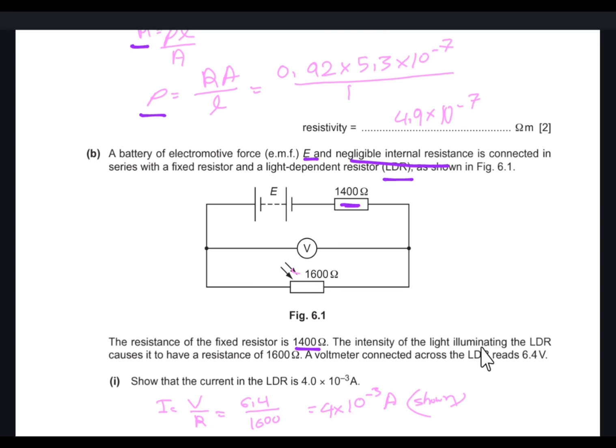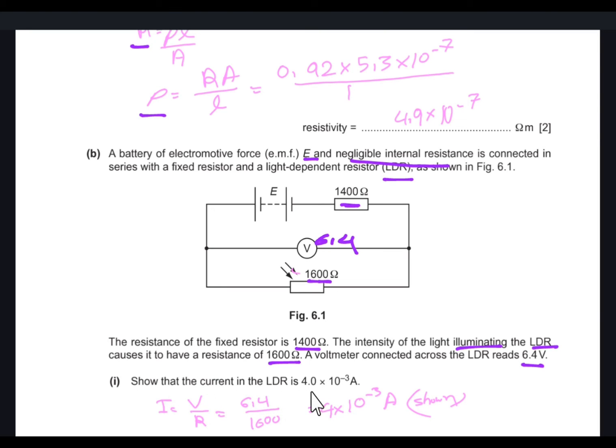The intensity of the light illuminating the LDR causes it to have a resistance of 1600 ohm. So this is the LDR, that is light dependent resistor, and it has a resistance of 1600 ohm. A voltmeter connected across the LDR reads 6.4 volt. So the voltmeter reading is 6.4.